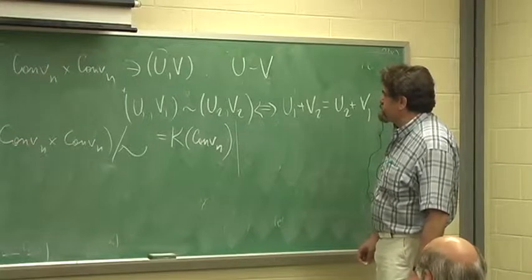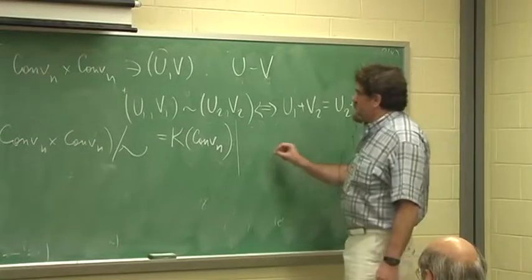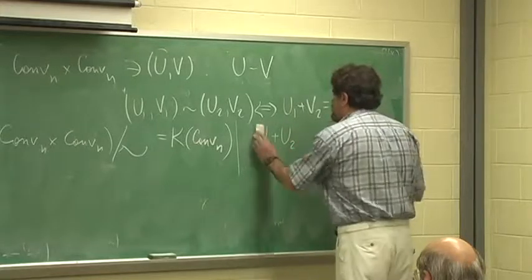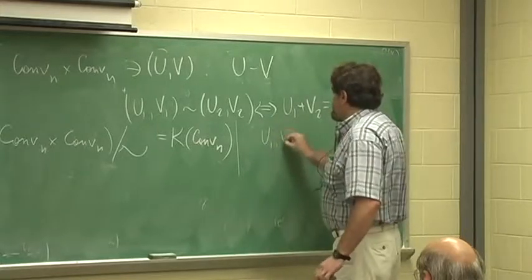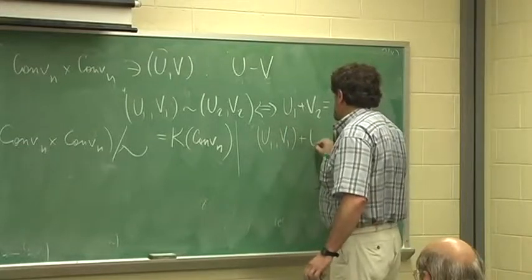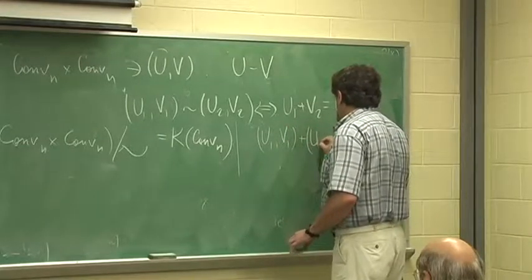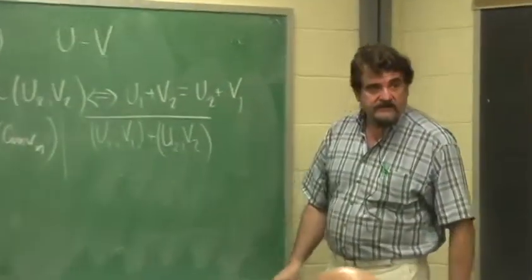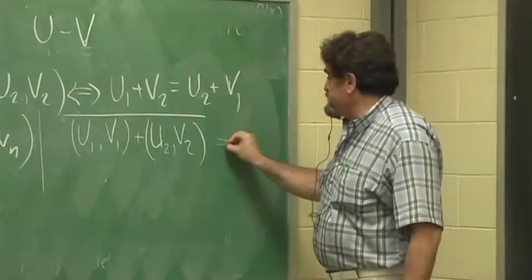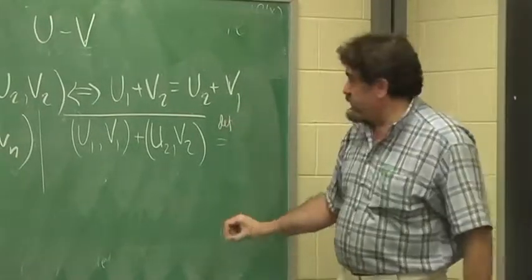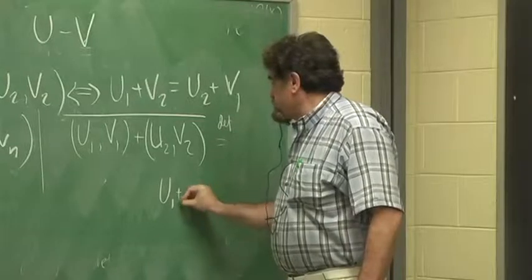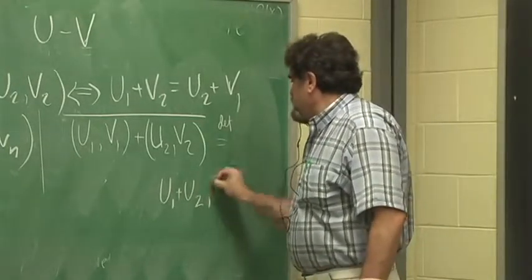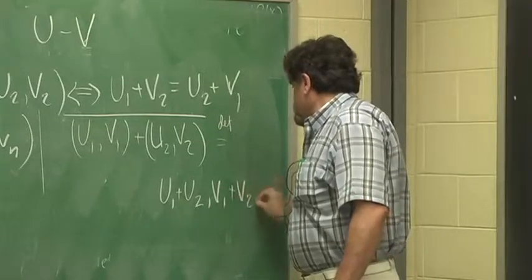Okay. The class of U1 minus V1 plus U2 minus V2, its class of equivalence, by definition, is U1 plus U2 minus V1 plus V2.